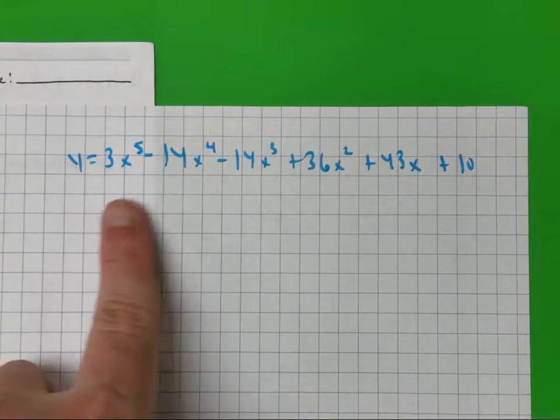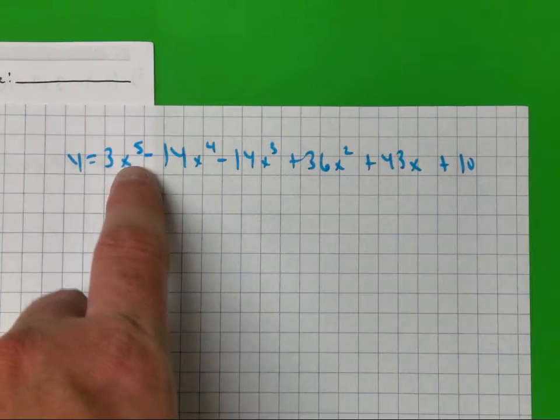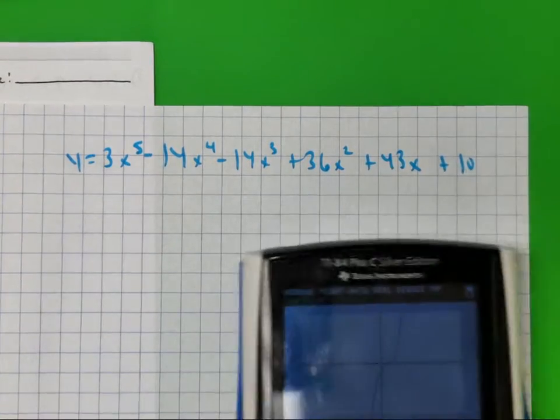Alright, now this is a quintic. It can have up to 5 zeros. I cannot factor this, so I'm going to input this into my calculator.